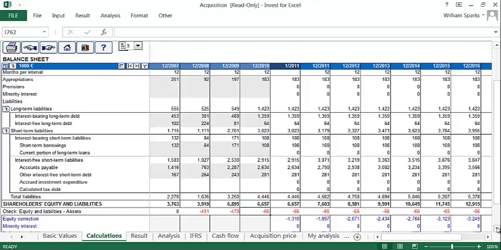You can of course adjust it. You see the difference, so you add to, let's say, debt, that much more debt.